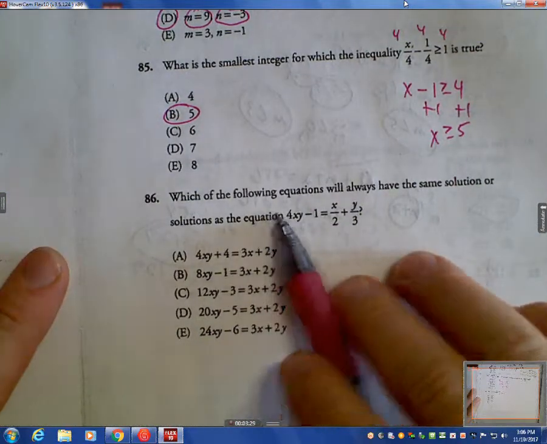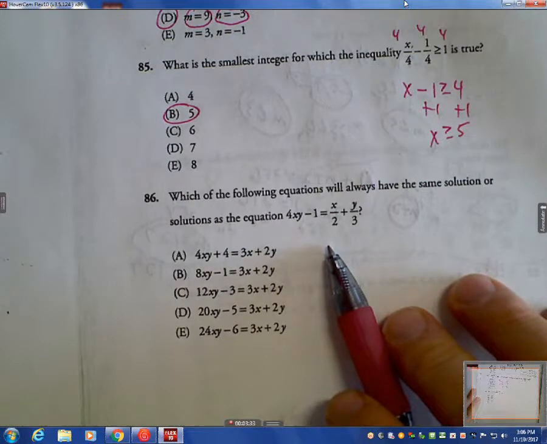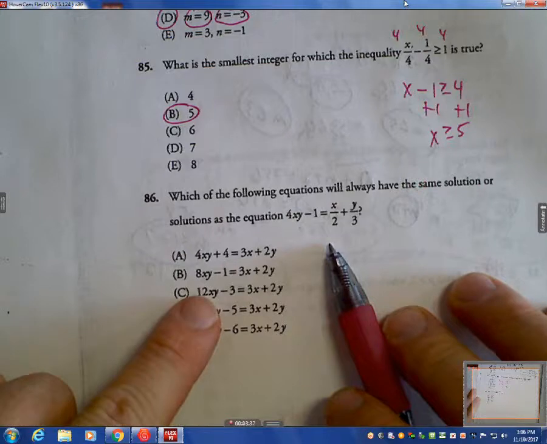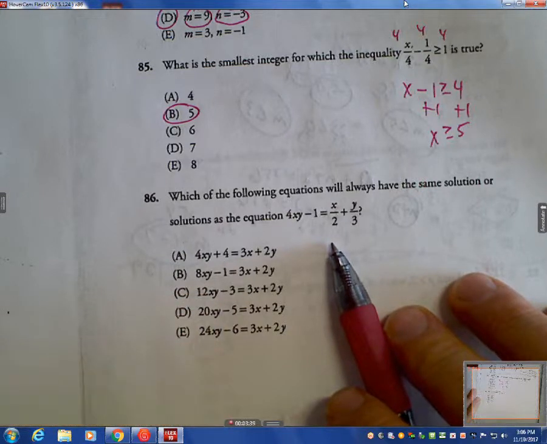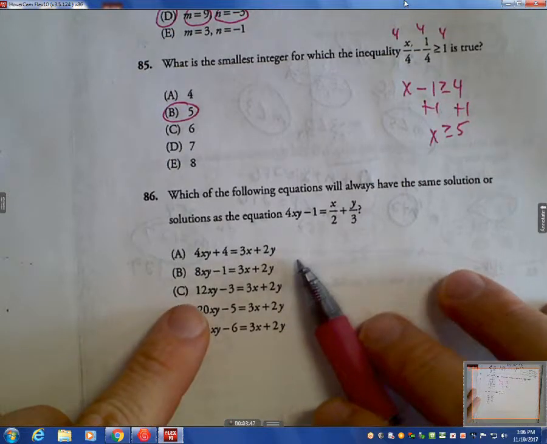Number 86, which of the following equations will always have the same solution? Let me think about this. We have to have the same multiple.